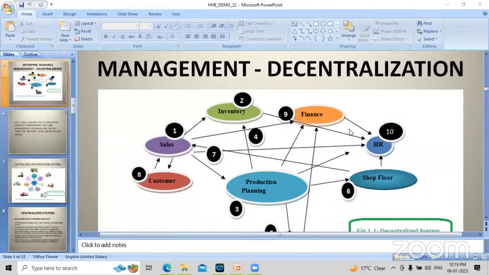Now, this is the HR department. They are holding the master data regarding employees, their leaves, their shifts, their payments, everything. Master data is being maintained by the finance department also. Why? For the disbursement of the remuneration. Production planning is also holding the master data for shift work.